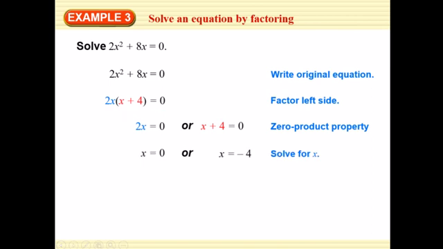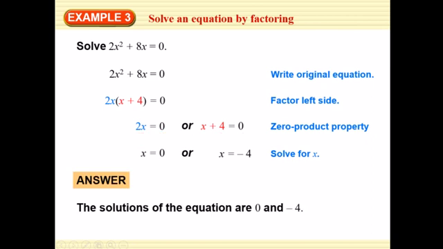Alright, so when I divide on both sides by 2 for the left piece here, and I subtract 4, I get x equals 0, or x equals negative 4. So the solutions are 0 or negative 4, and keeping in mind how I like to write it is 0, comma, negative 4. It's just a little abbreviated way. That comma there stands for or and.